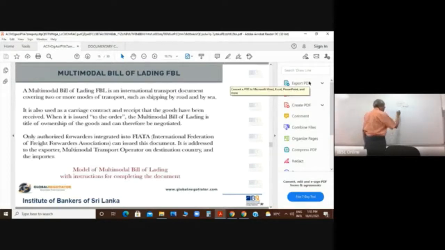Then we get the BL for the ship. Truck consignment note and the BL. Right? The main takeaway, we call it multimodal transport.